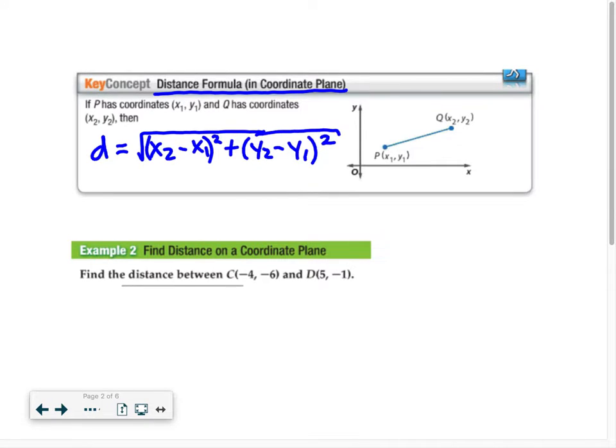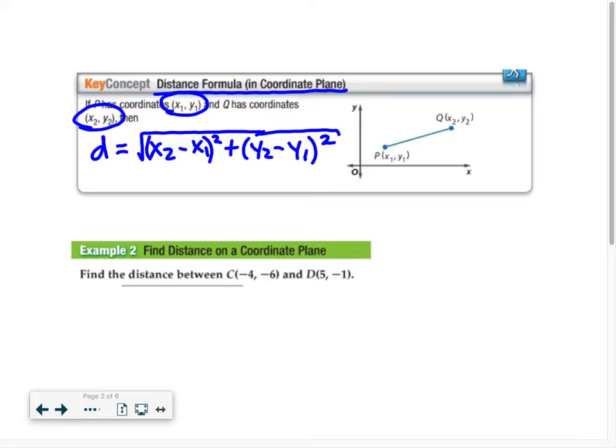So it's the difference in the x value squared plus the difference in the y value squared, and then you've got to take the square root of all of that. Of course, these x's and y's come from your coordinates, where the points are located.